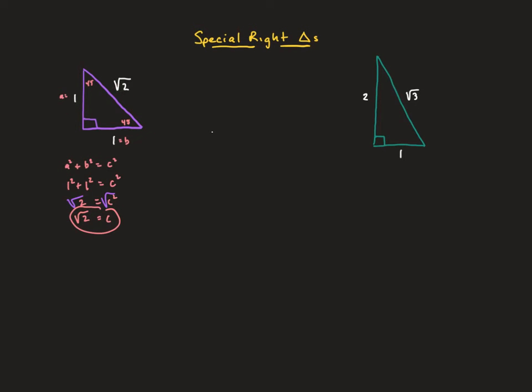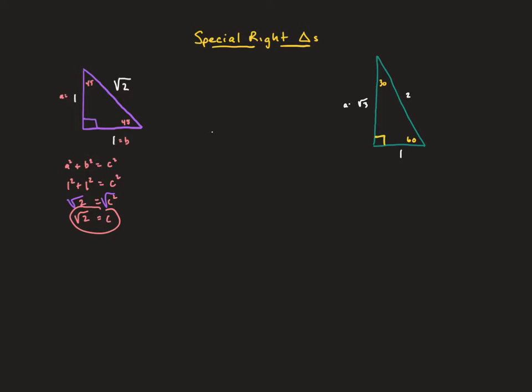The same thing goes here for the 30, 60, 90. When I look at the 30, 60, 90, my ratios are going to be 1, square root of 3, and then 2 would be my hypotenuse.